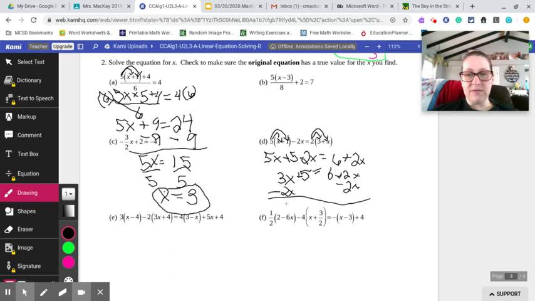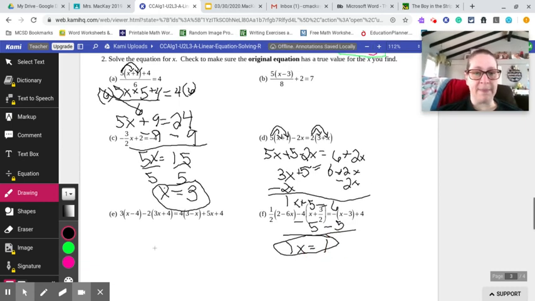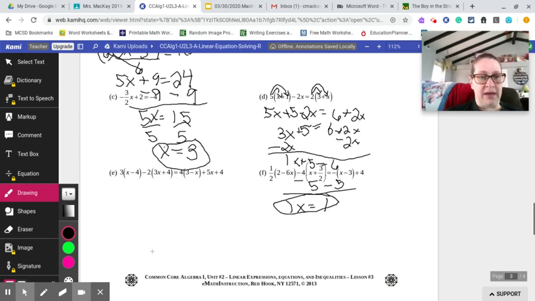That leaves me with 1x plus 5 equals 6. I'm going to subtract 5 from both sides. That leaves me with 1x equals 1, and we're done. We could divide by 1 on both sides. It'll still give you x equals 1. Means the same thing.